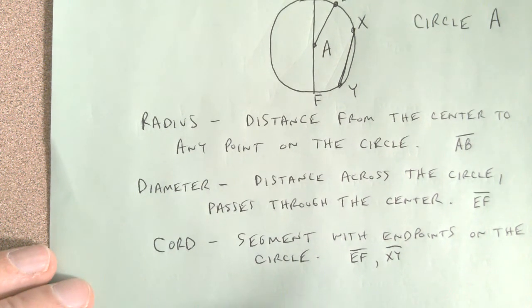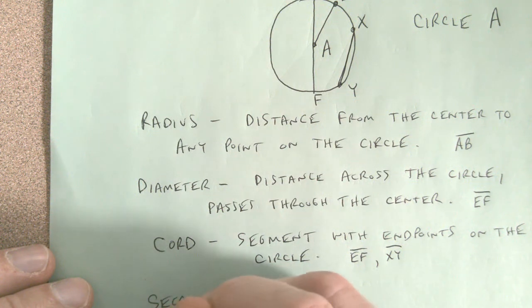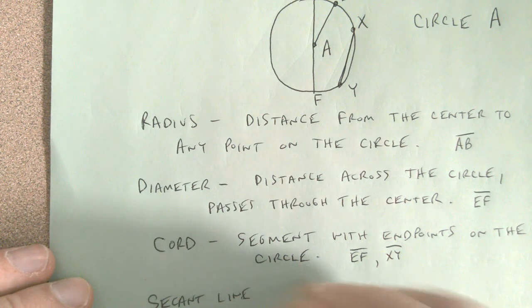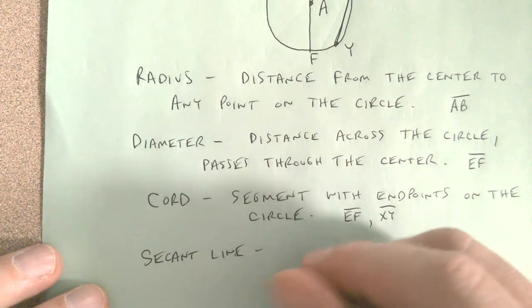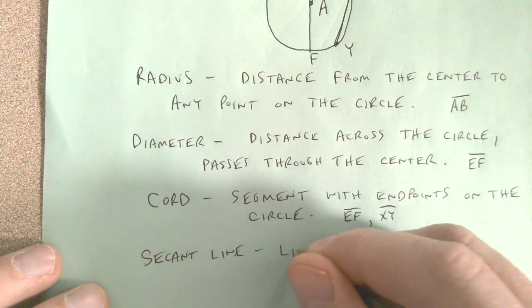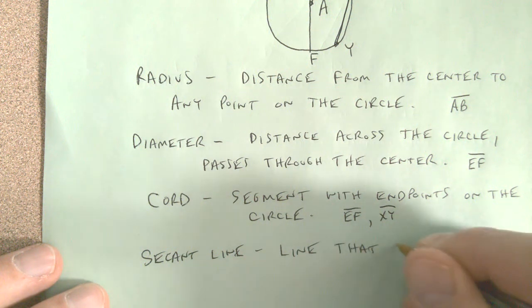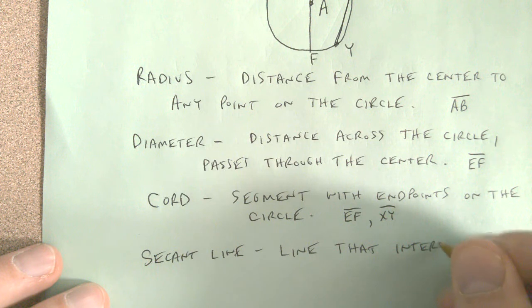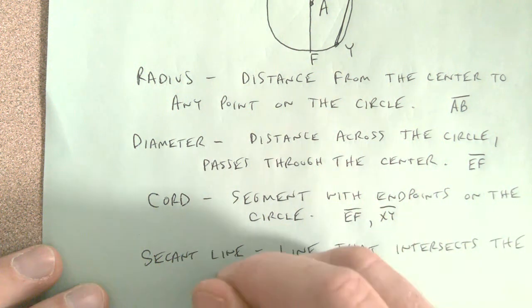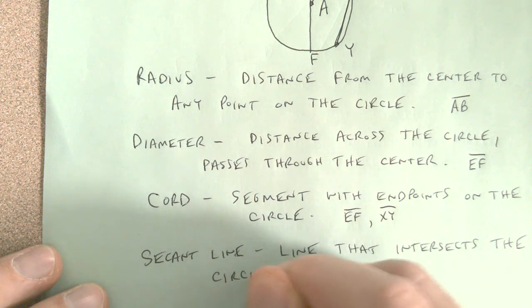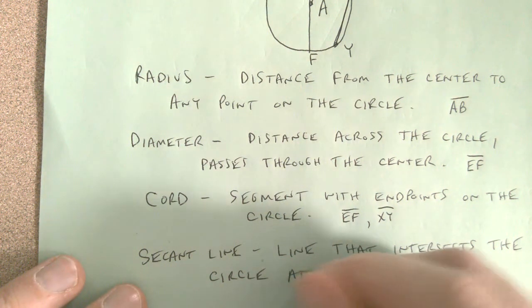Two more types of lines. Next one would be considered a secant line. Now we say a secant line is a line that intersects the circle at 2 points.